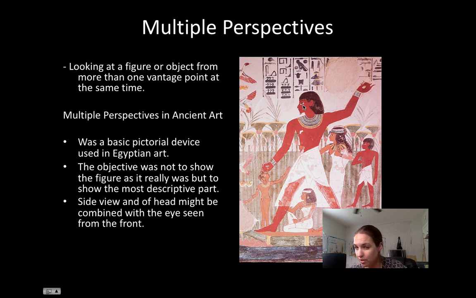The eye is also facing forward, and then the head is turned to the side because that profile is very recognizable, and so are the legs. Of course, we couldn't see a person in so many directions unless we were moving around them. But it just shows that different cultures' goal wasn't always to make something realistic, and in this case, their goal was more to show the most recognizable parts of a body all together.